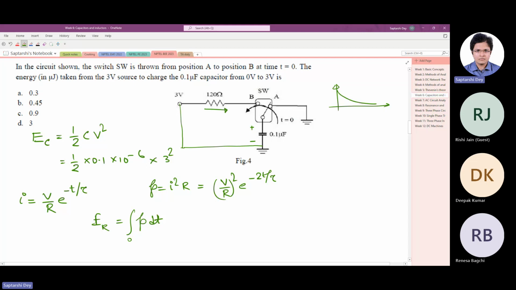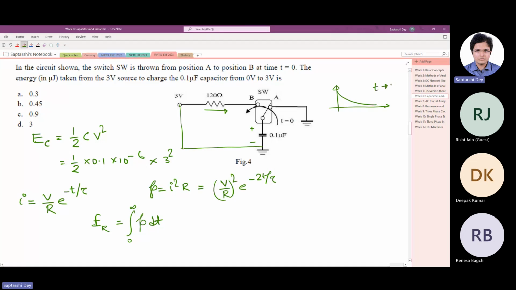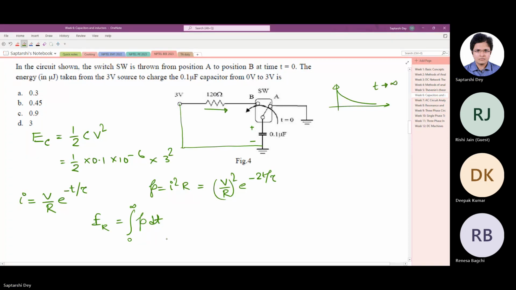What should be the integration limits? It should be 0 to infinity. Because if you look at this, current becomes 0 mathematically only when t tends to infinity. So the energy that we are calculating, we have to integrate the power from 0 to infinity. Right? Now let us integrate.